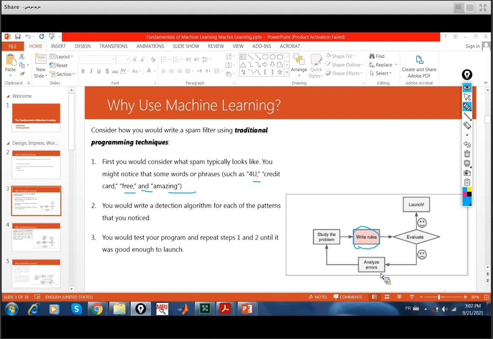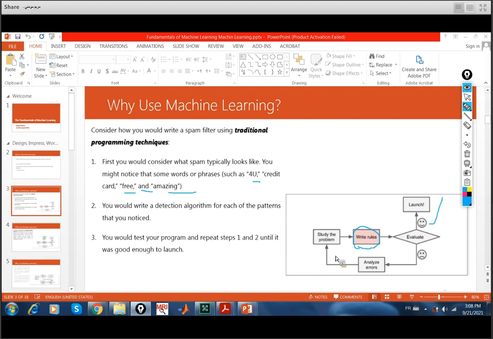But if after our evaluation we are not successful and have some errors, then we must analyze the errors and consider the problem again, and, for example, update our rules.